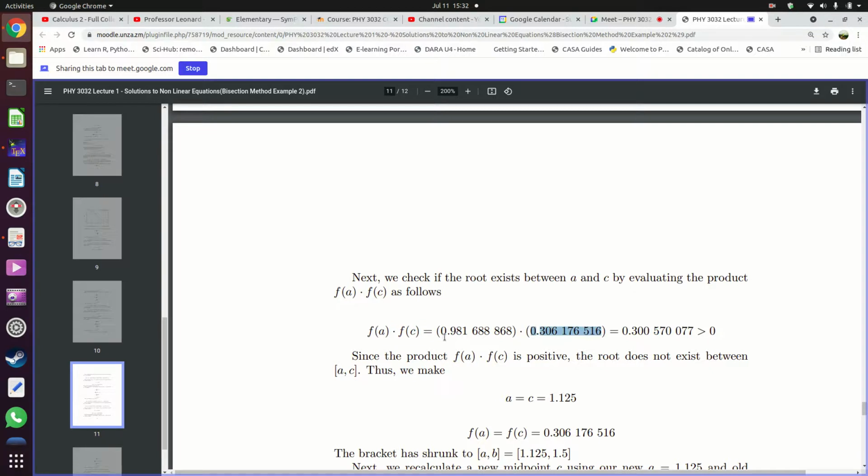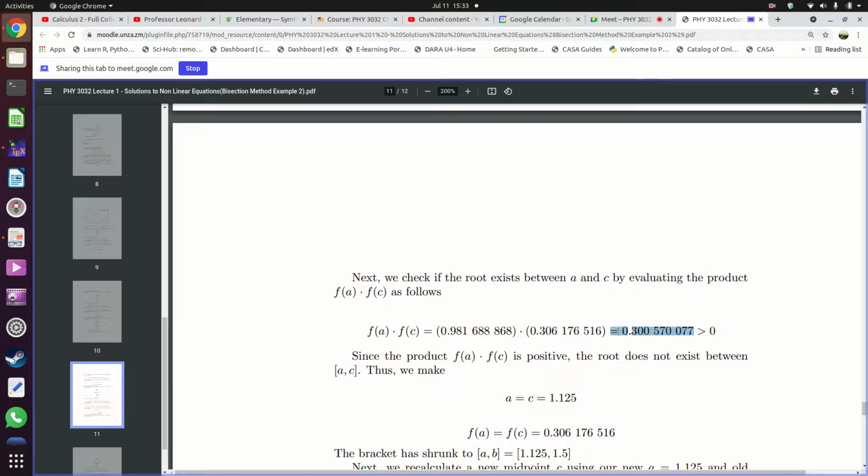So we have 0.981688863 for f of A. Then for f of C, we have 0.306176. This is a positive value. We multiply these two positive values, we get a positive.